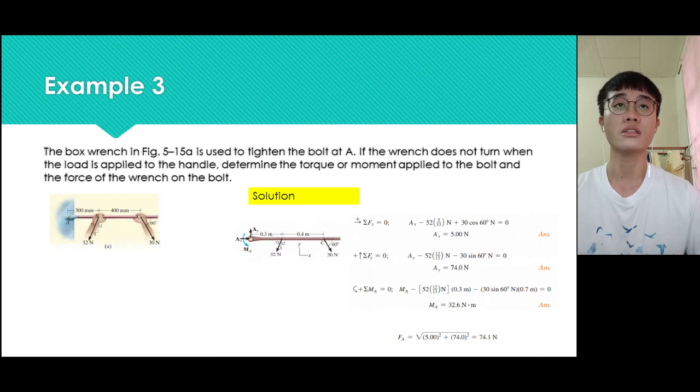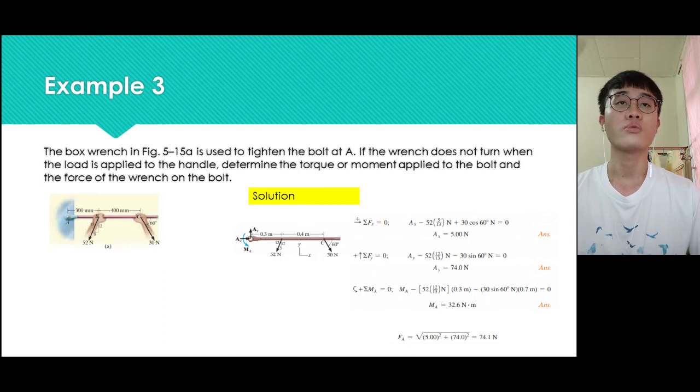To start the calculation, we put in the MA and subtract the moment provided by the hand, which is 52 multiplied by 12 over 13 and 0.3 meter from the pivot for the first hand, and minus 30 sine 60 degrees multiplied by 0.7 meter for the second hand.